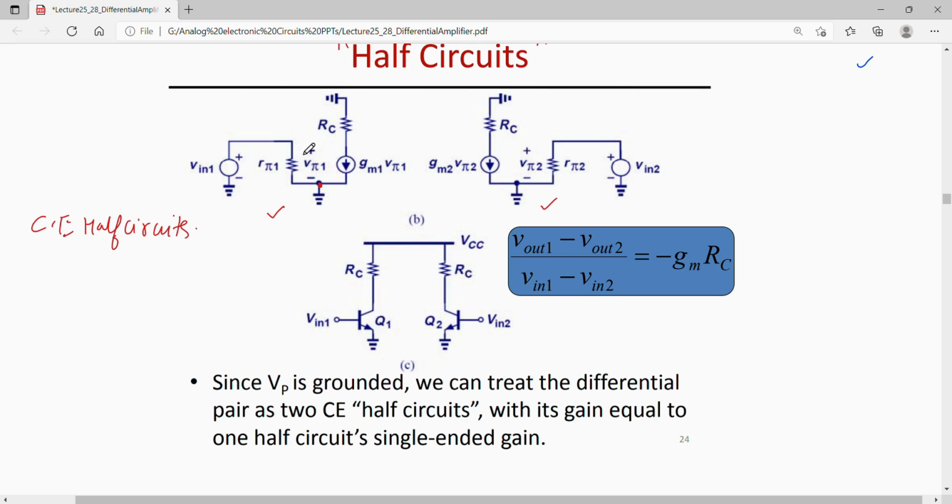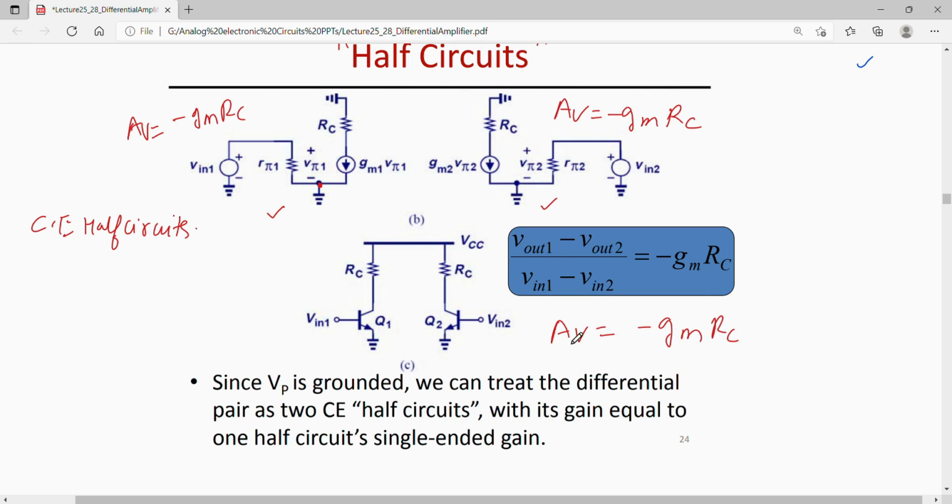And the gain of this pair is minus GM RC, and of this pair also it is minus GM RC, which is the total gain of this differential pair. So the total gain of the differential pair is also minus GM RC.